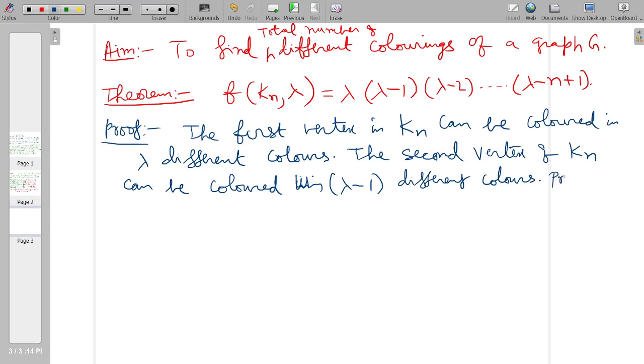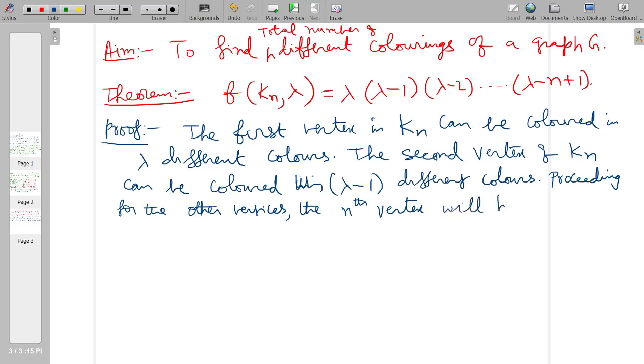So when I continue proceeding for the other vertices, the nth vertex will have lambda minus n plus 1 different colors.